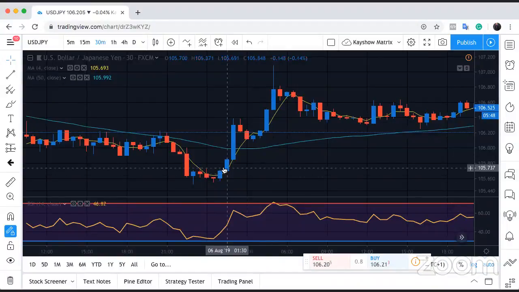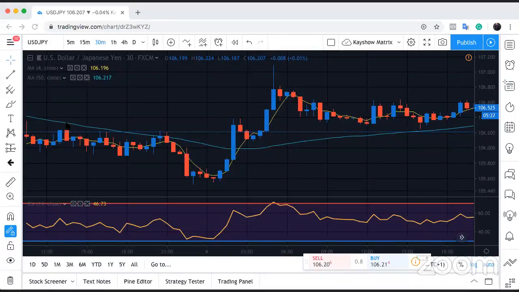Type cross in the chat box. You're waiting for that cross, guys. You want to see that cross happen. Once you see the cross, boom.